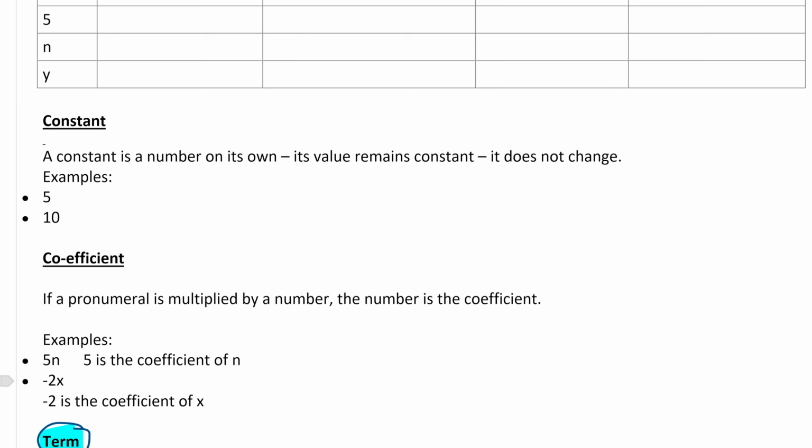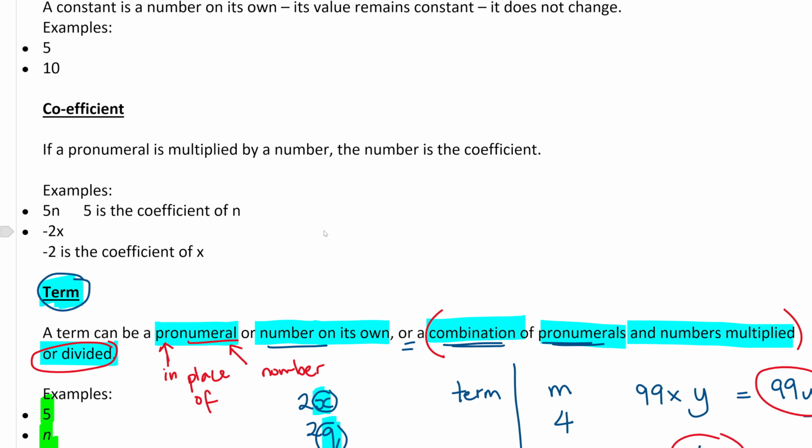Right, so let's look at coefficient. Sounds pretty fancy, the word coefficient. What does this word mean? It means that if a pronumeral, that's the letter, is multiplied by a number, the number is the coefficient.